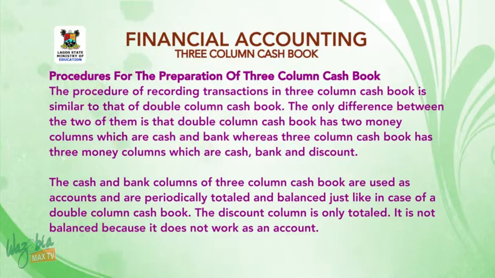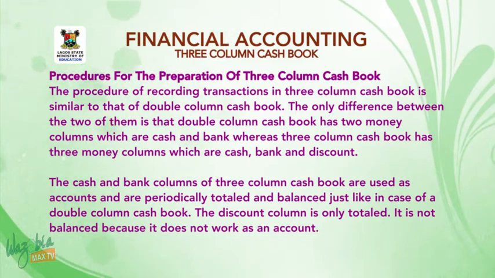The procedures of recording transactions in 3-column Cashbook is similar to that of Cashbook. The only difference between the two of them is that Cashbook has 2 money columns, which are cash and bank, whereas 3-column Cashbook has 3 money columns, which are cash, bank, and discounts.